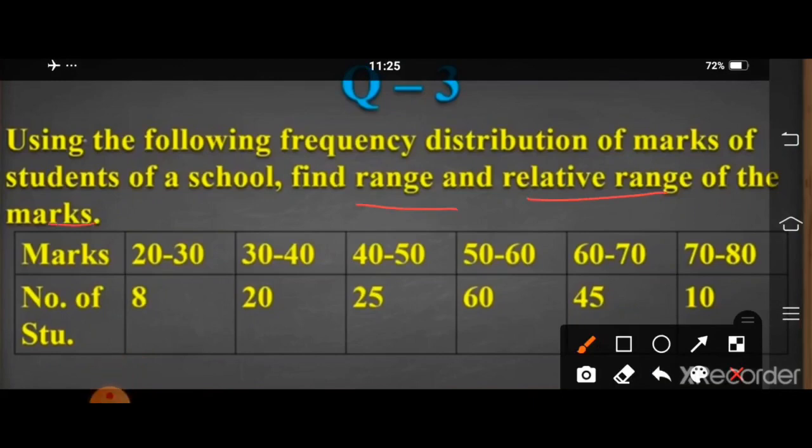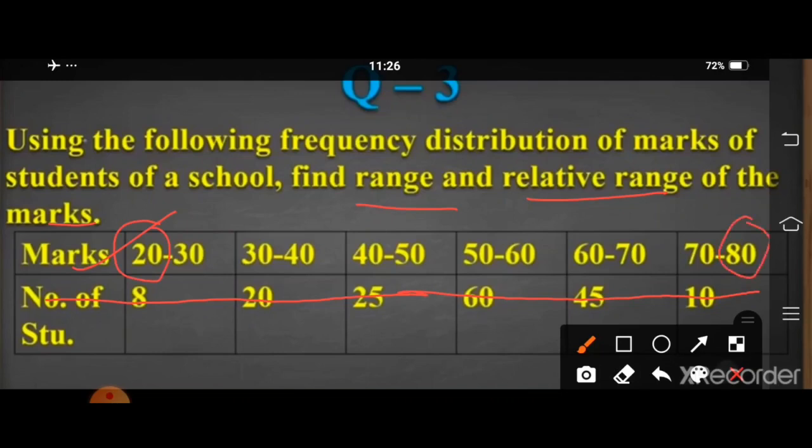Number of students is not useful for us for the calculation of the sum. Now here we have to find out lowest observation and highest observation.